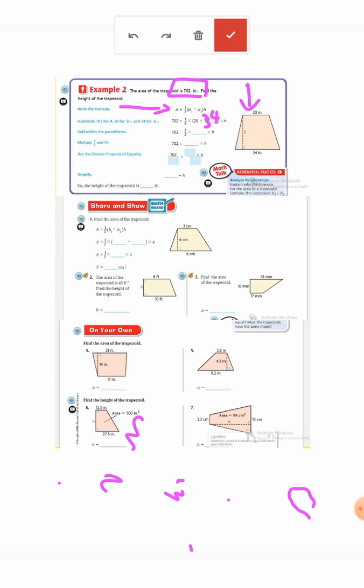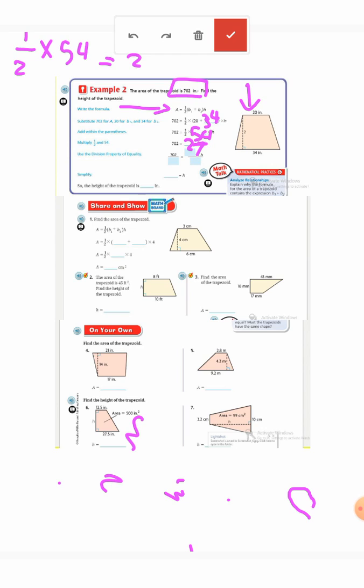We are going to collect them together. It gives me 54. Half 54, we can use it in another way, or 54 divide 2. Half 54 is 27. So here we are going to write 27.